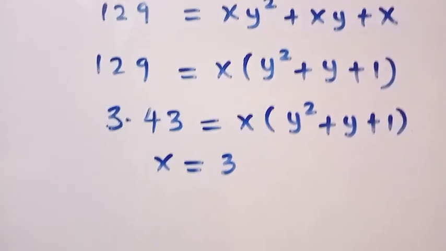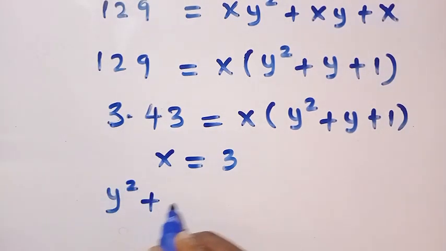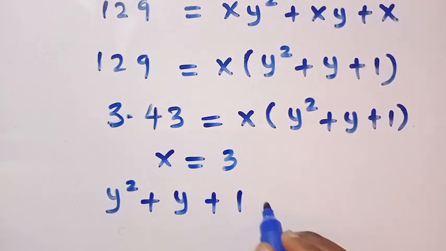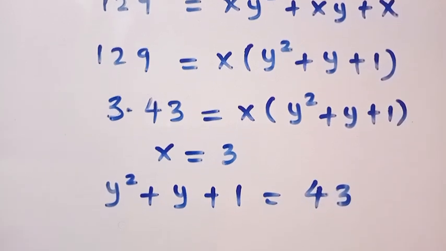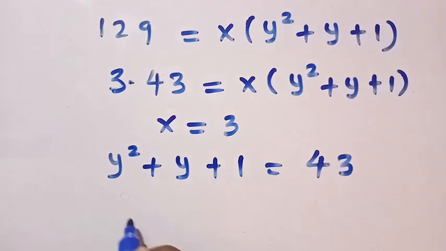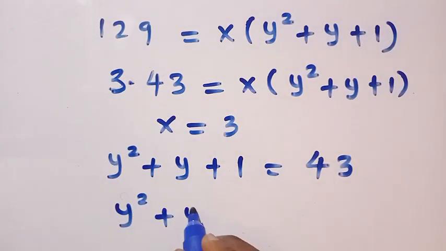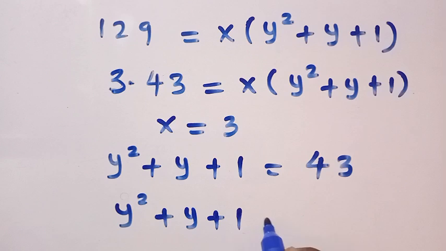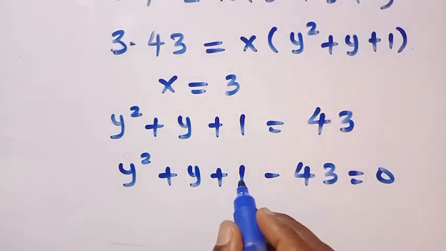And also we're going to equate y squared plus y plus 1 equals 43. By transferring 43 to this side, we are going to have y squared plus y plus 1 minus 43 equals 0.